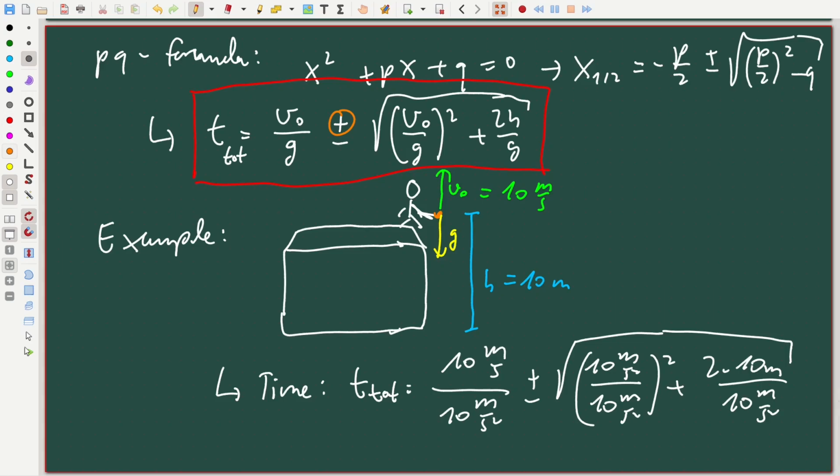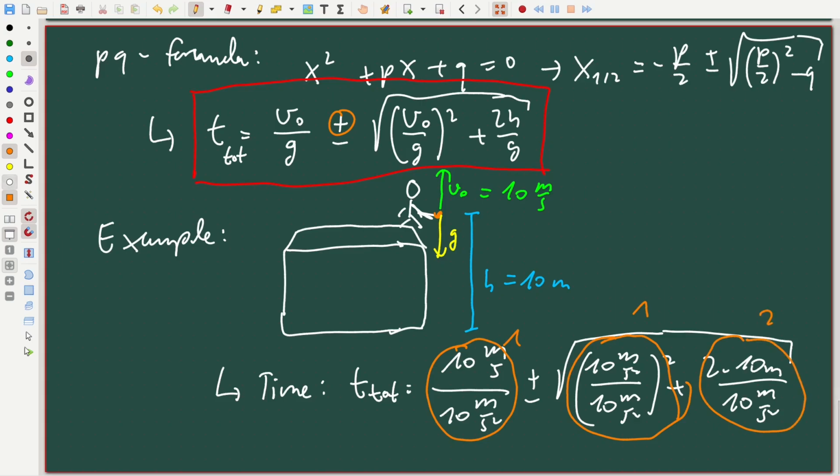When we take a look at our values, this part here is 1. This part here is also 1. Although it is squared, it's still 1. And here, this 10 meter cancels out, and at the end, only 2 remains. So this whole part here is 2.